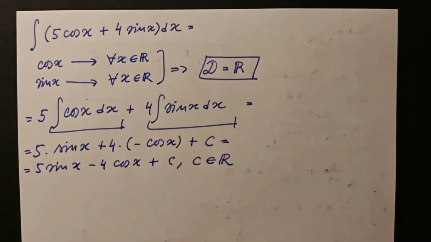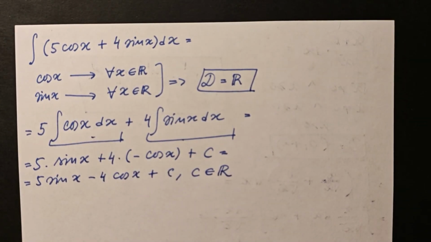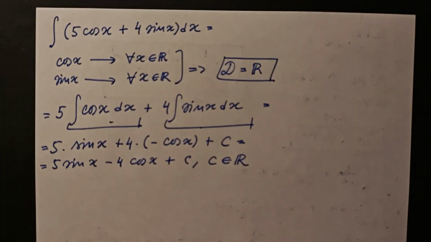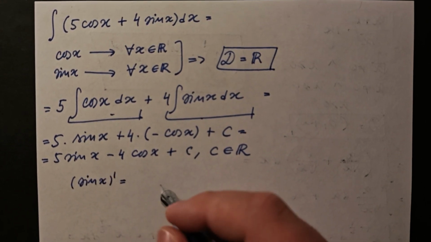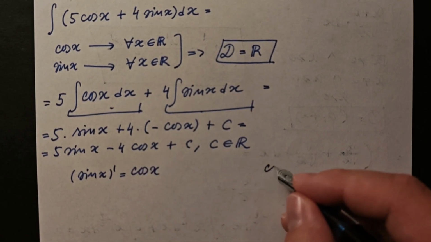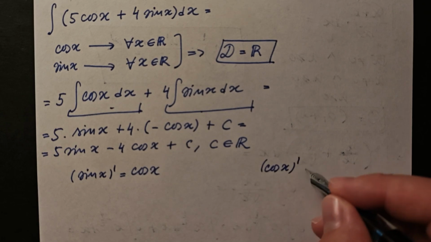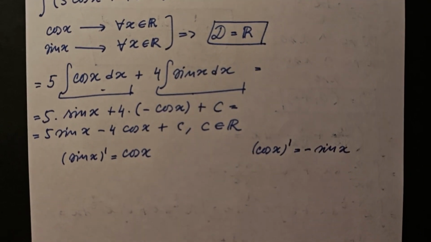These two integrals are just opposite of corresponding derivatives. So if you have a sine of x derivative, that is going to be a cosine of x. And if you have a cosine of x derivative, that is going to be negative sine of x.